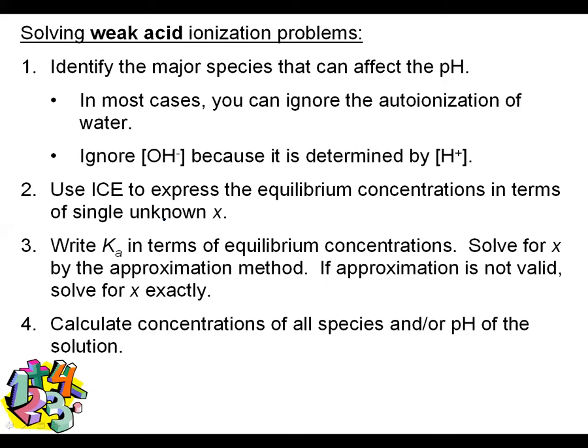What that means is, when we have water, it is constantly going back and forth, generating H3O plus and OH minus, which means, technically speaking, you could have some problems where the H plus or OH minus concentration is a lot less than the natural H plus or OH minus concentration from water. That involves multiple equilibria, which we don't really get into here.